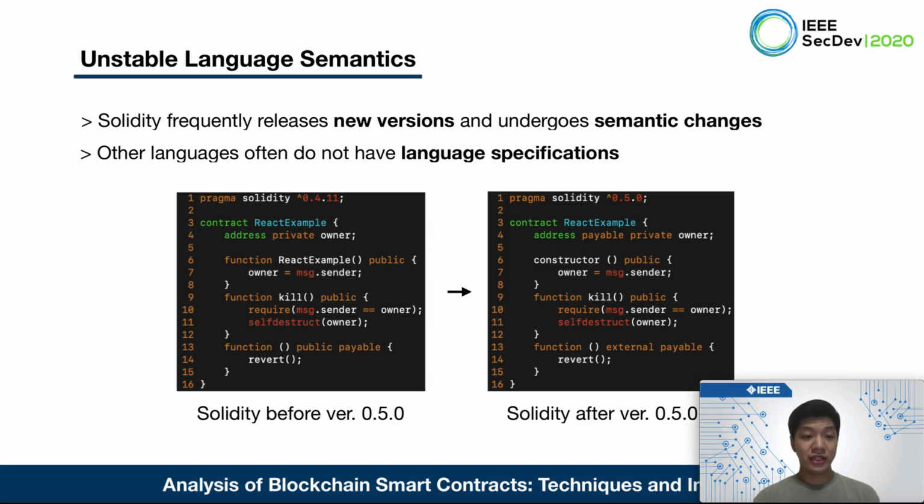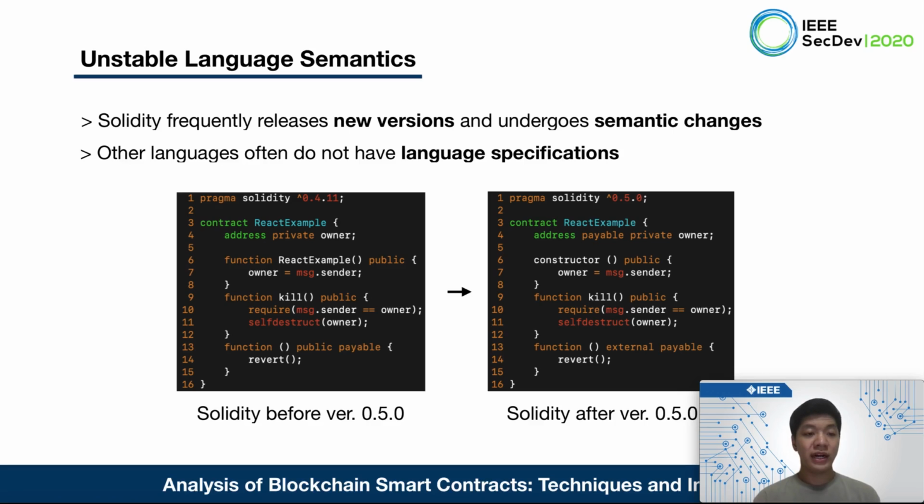The second open challenge is unstable language semantics. The most dominant language, Solidity, has very frequent version releases and often undergoes semantic changes. The code below shows some of the changes made in the version 0.5.0 release.